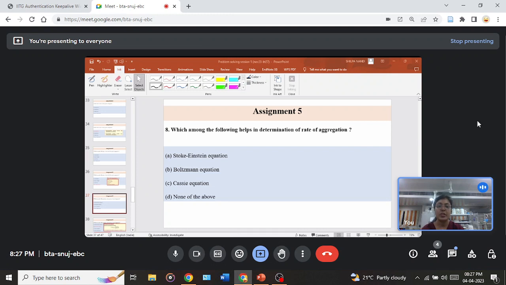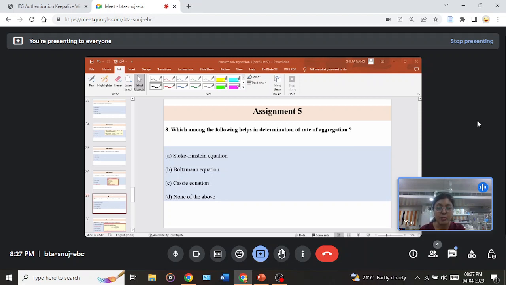So we have question number 8, which is, which among the following helps in determination of rate of aggregation? So A is Stokes-Einstein equation, B is Boltzmann equation, C is Casey equation, and D is none of the above.